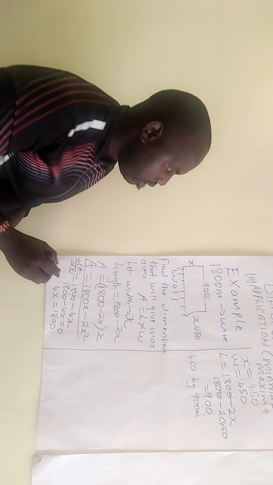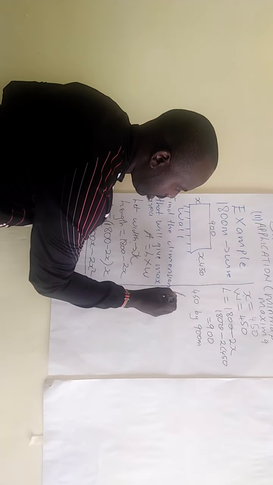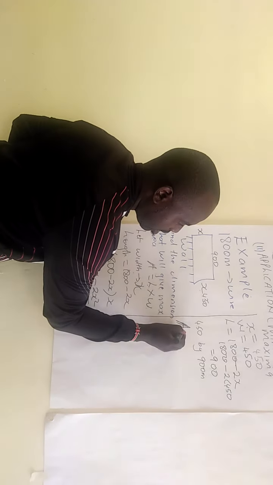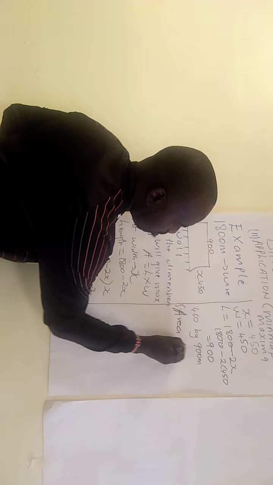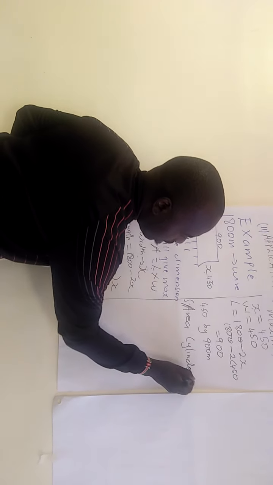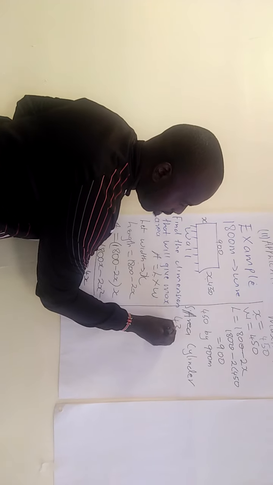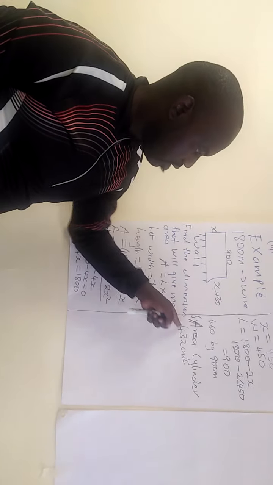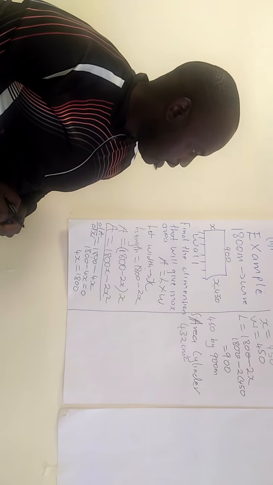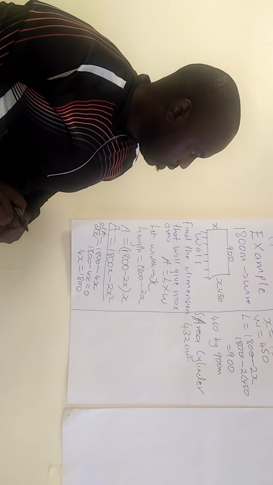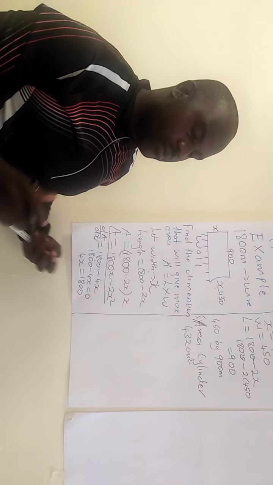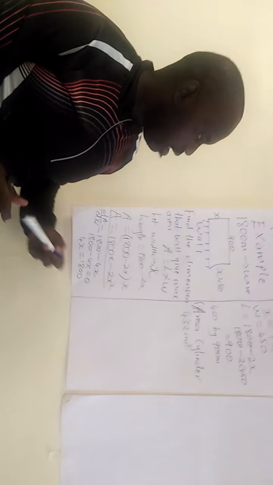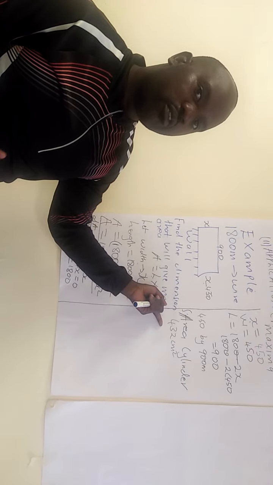Whatever you are told, for example, if you are told the surface area of a cylinder is 432 centimeters squared, maybe you are told to find the dimension that will give maximum volume.